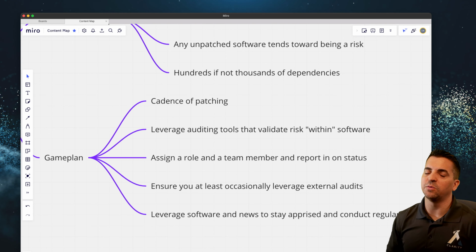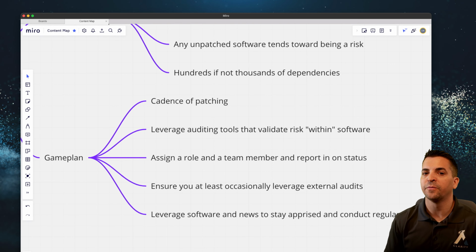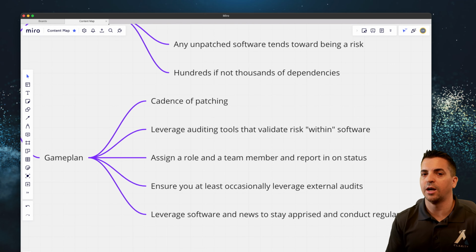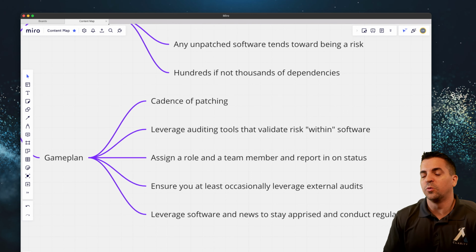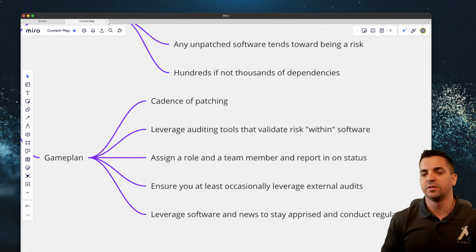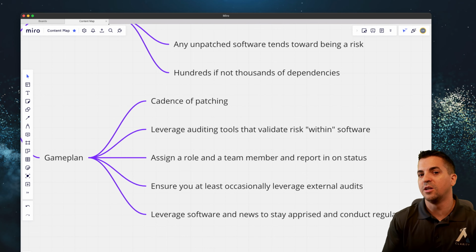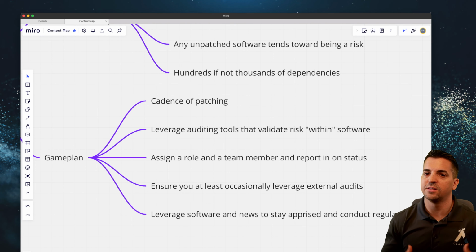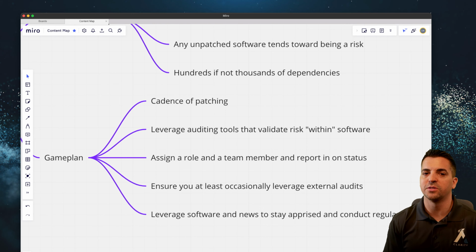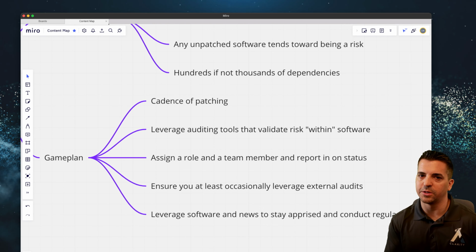And just finally, one of the things that we'll leave you with is there's a lot of great software out there that can really make the job of this role a lot easier. Ultimately, you want to at least start with this principle of inspecting what you expect, and knowing that patching and updates really are a requirement in order to have a secure stance and meet the baseline of the HIPAA security rule.